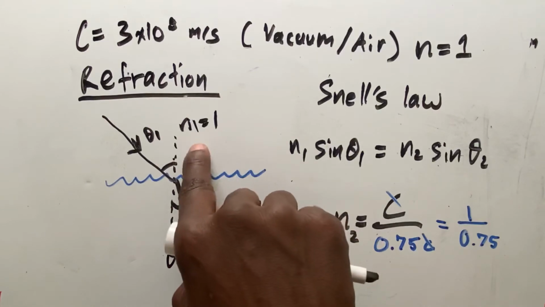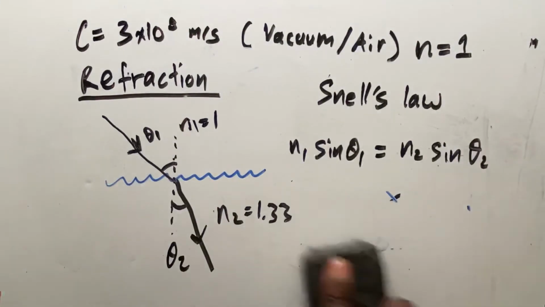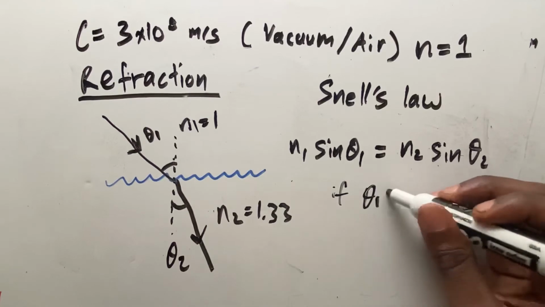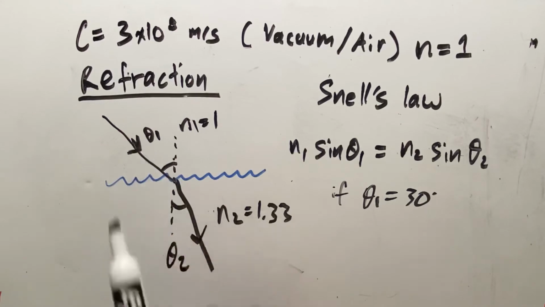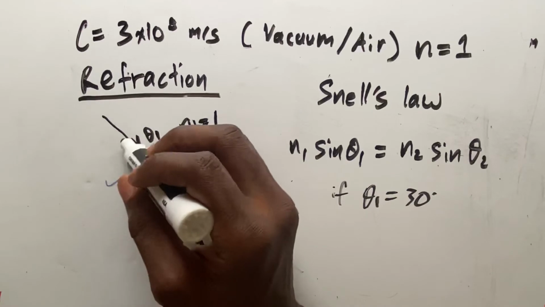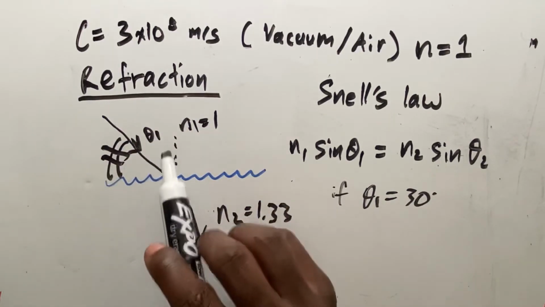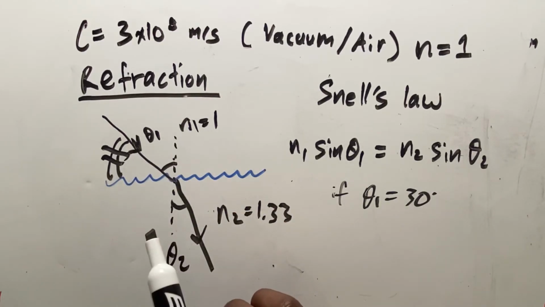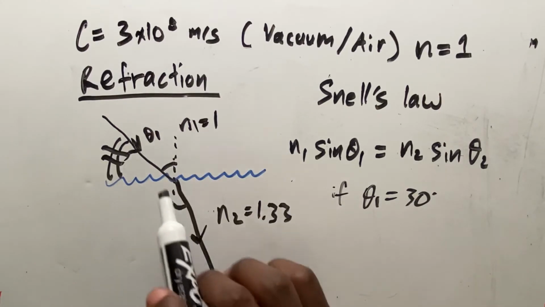N1 is just the index of refraction in air, it's just 1. So let's say theta 1 equals 30 degrees, so light is coming in, hitting this water at 30 degrees, where 30 degrees is made with the normal. So not this angle, not that angle, no. This is the angle made with this dotted line with the surface. So that angle is 30 degrees. Then what is theta 2? What's going to be the angle once it goes through the water?